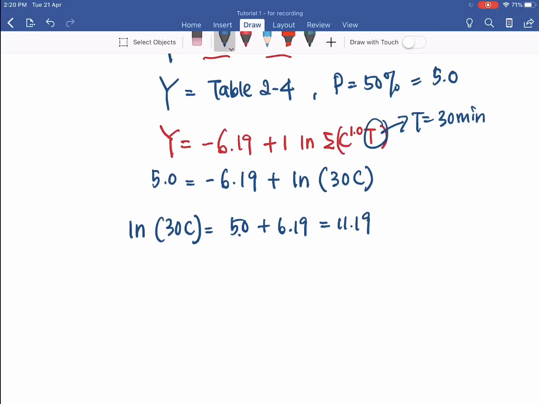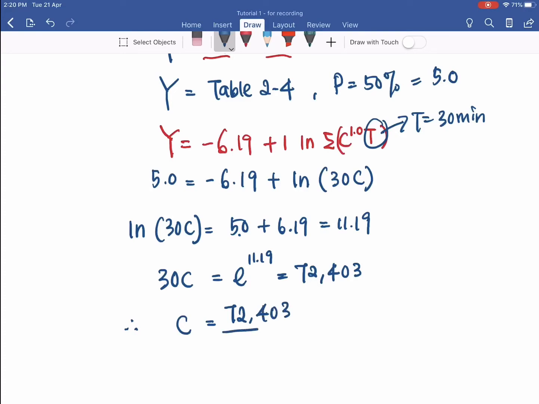So when we move this, 30C will be e to the power of 11.19. If you put it in your calculator, you will get something like 72,403. Therefore, your concentration of exposure is 72,403 divided by 30. In this case, you have 2413 ppm.